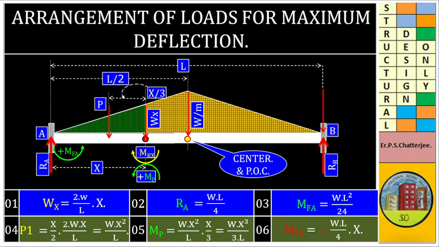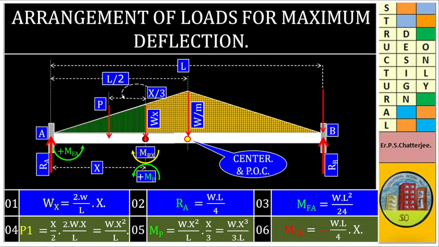We know that, here, P1 is equal to P. P is equal to x by 2 into 2Wx by L, which is Wx square by L. MP1, the moment produced by P, is equal to Wx square by L into x by 3, which is equal to W into x to the power 3 divided by 3L.